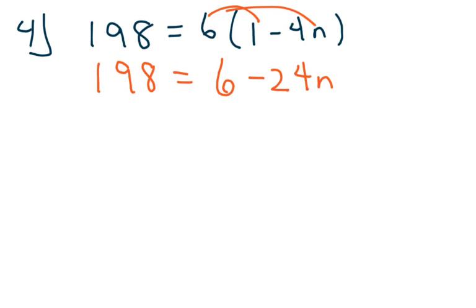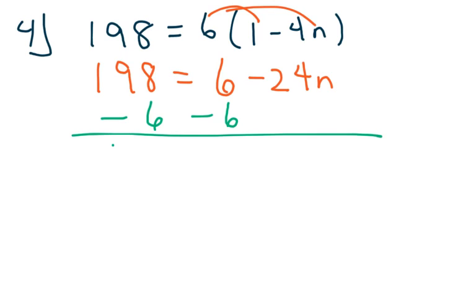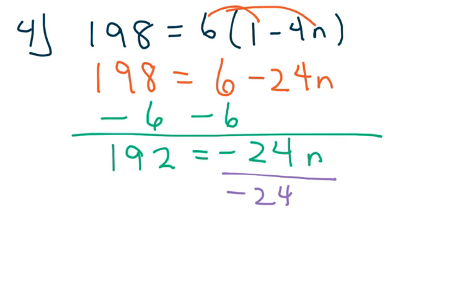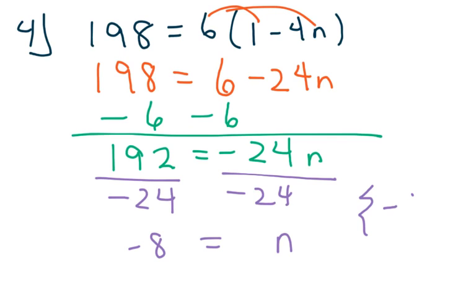I am going to subtract 6 first before I divide. I get 192, equals negative 24n. I then divide by negative 24 both sides, and I get n equals negative 8. So my solution set is negative 8.